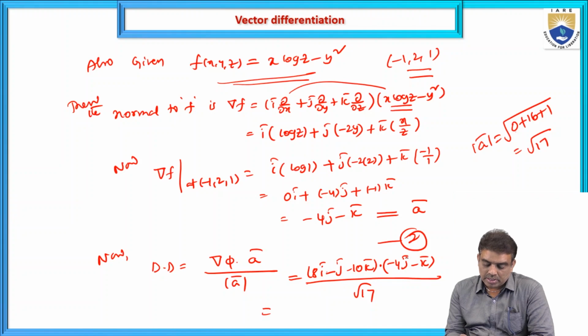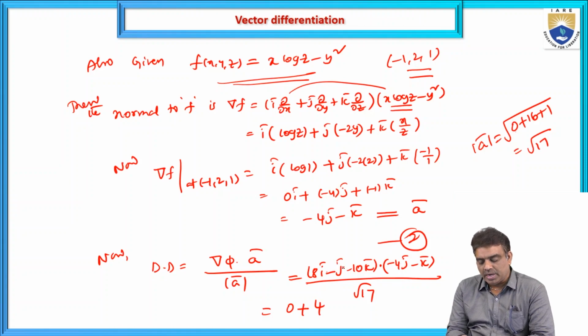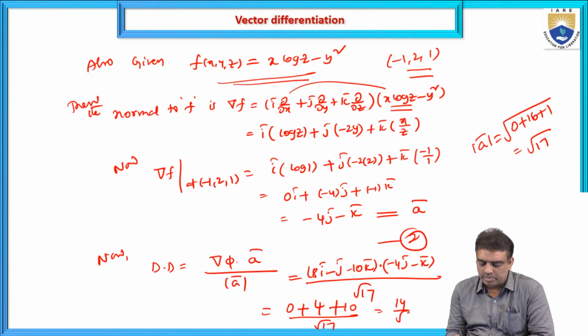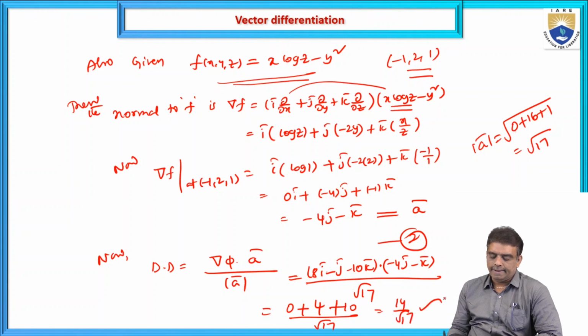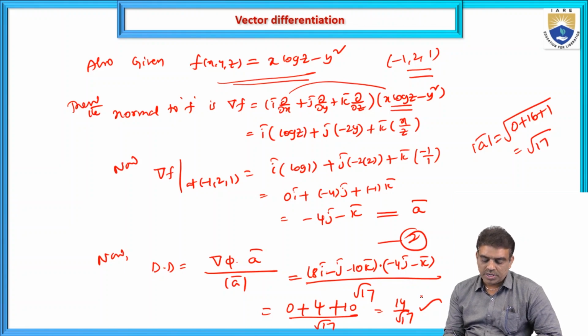Making the dot product: 8 into 0 is 0, then (−1)(−4) is plus 4, plus (−10)(−1) is 10, so that is 14 by root 17. That will be the directional derivative in the direction of grad f at the point (−1, 2, 1). So the required solution is 14 by root 17.